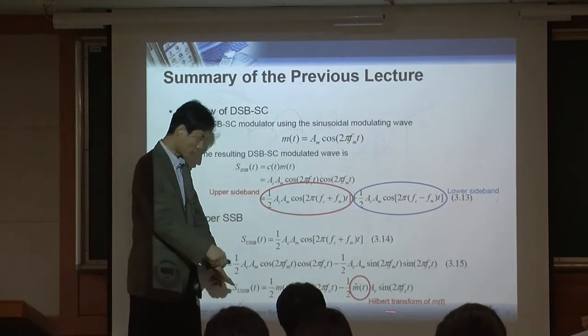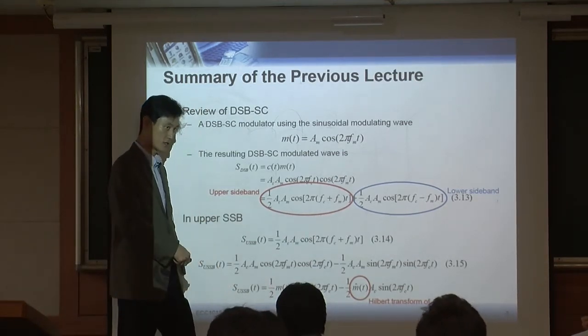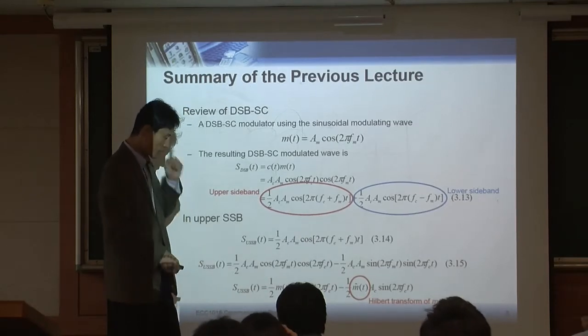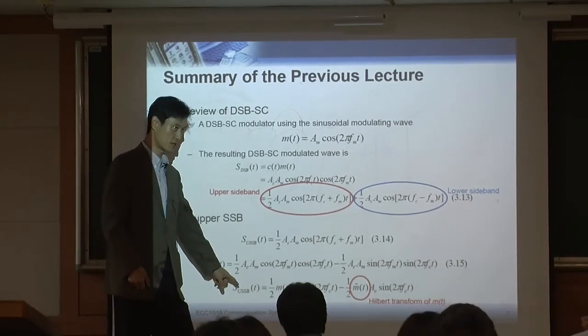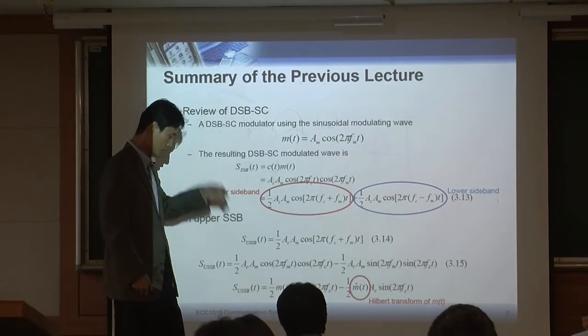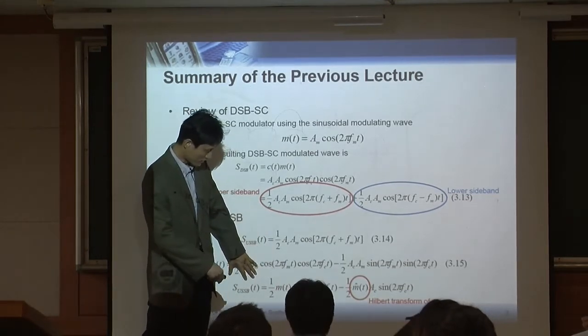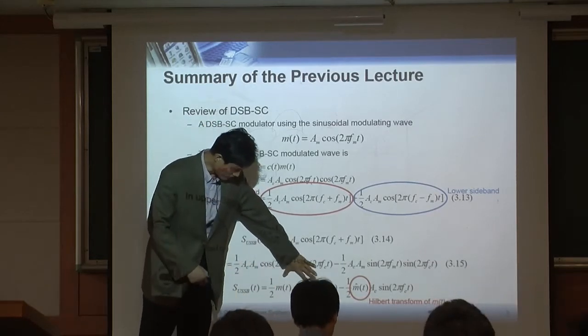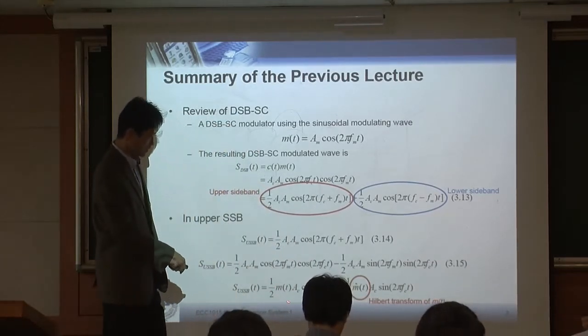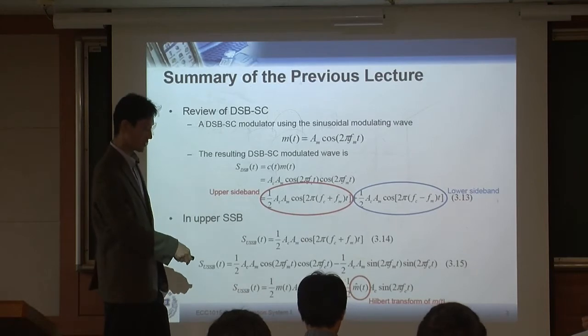Look at the equation at the bottom of the slide. This is the upper single sideband signal, which is what you transmit over the air. You can see that there are two terms. The first term is actually the same as double sideband.